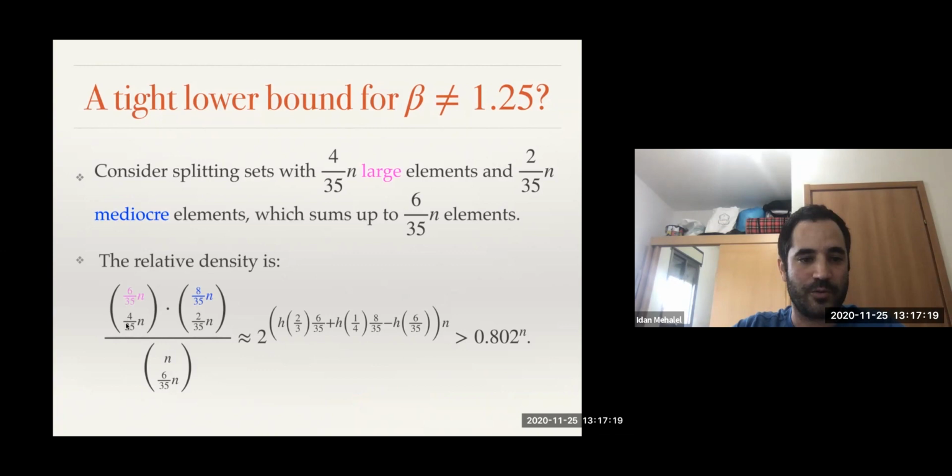So again, we take 2/3 of the large elements and only 1/4 of the mediocre elements, and divide it by all subsets of size 6/35 n. We get roughly this expression, which is strictly higher than (4/5)^n. So (4/5)^n cannot be the MRD of this distribution.